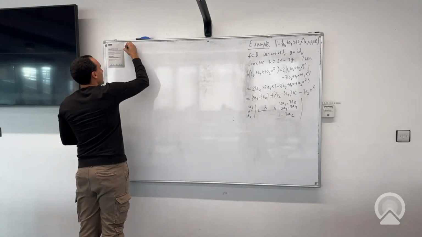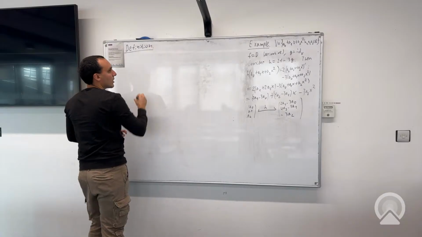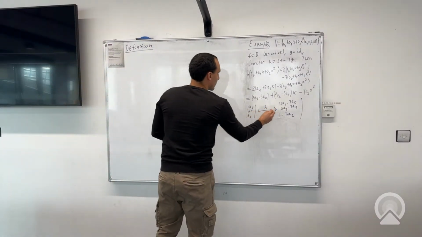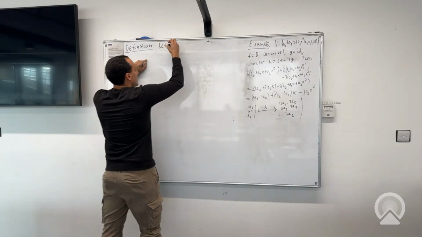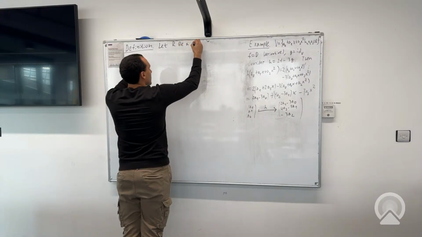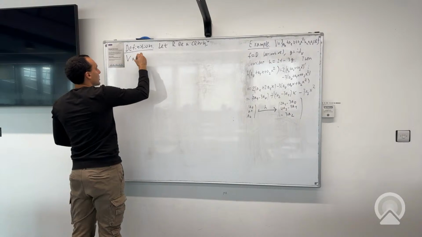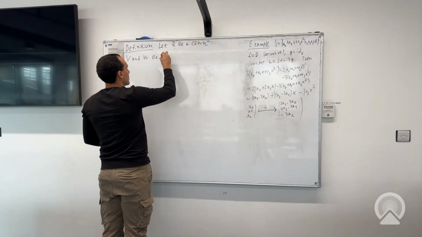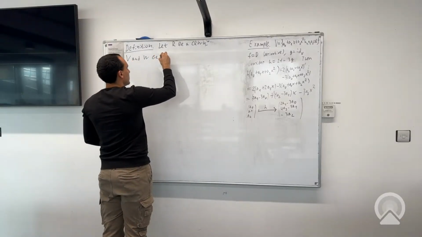Okay, now let me give the definition I wanted to give. As always, start with a commutative ring with unity. V and W are finite dimensional.